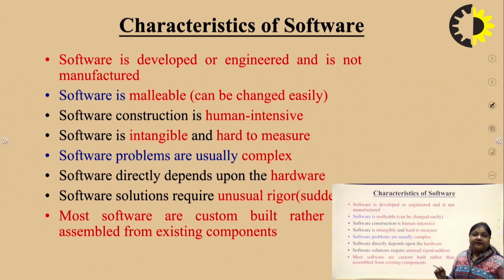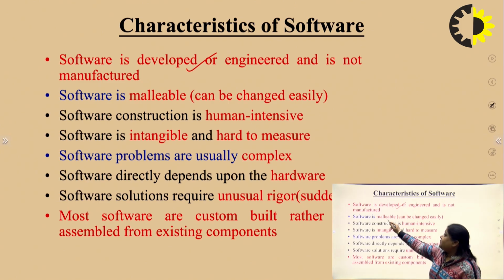Now these are some characteristics of software. Software is developed or engineered and is not manufactured. It means that software is developed according to the need of a customer or a client. It is engineered according to the requirements, but it is not a machine, because a machine can be manufactured according to the need, whereas software is implemented according to the needs of the user.